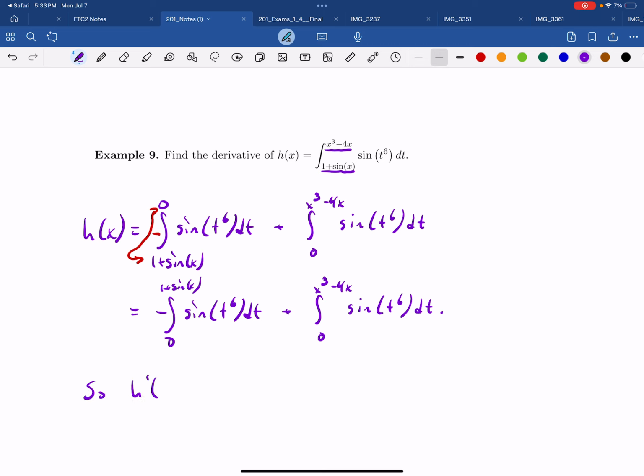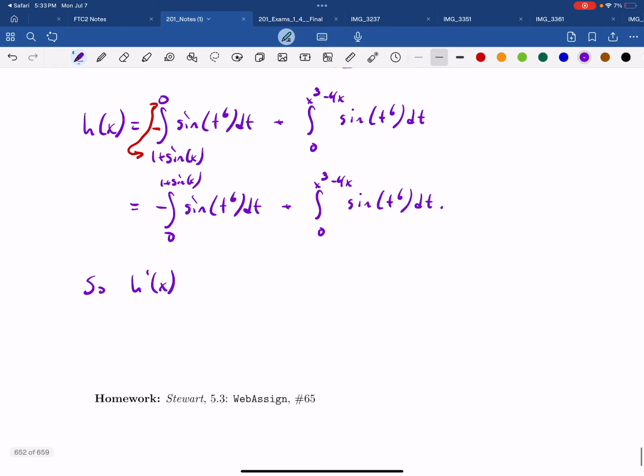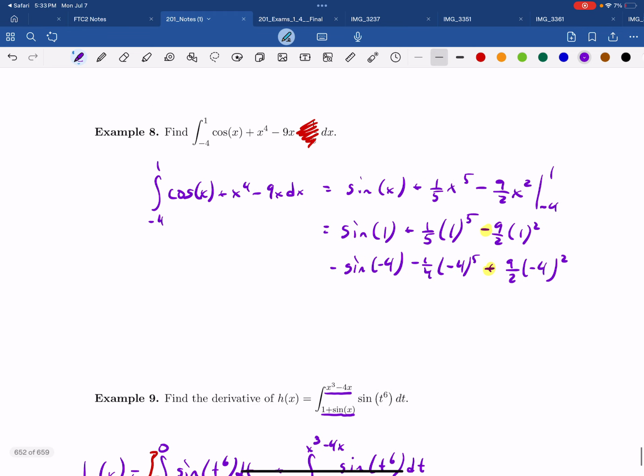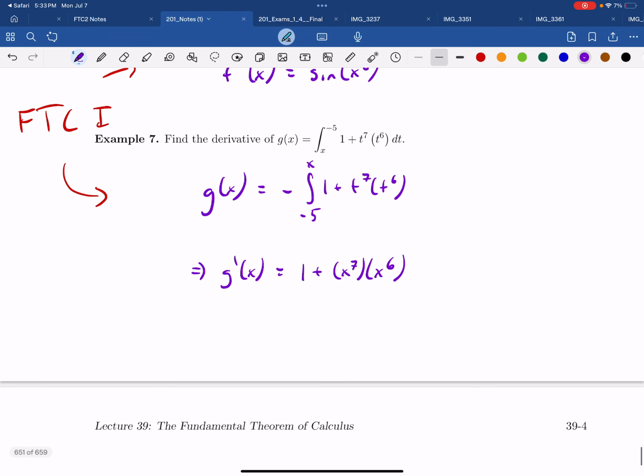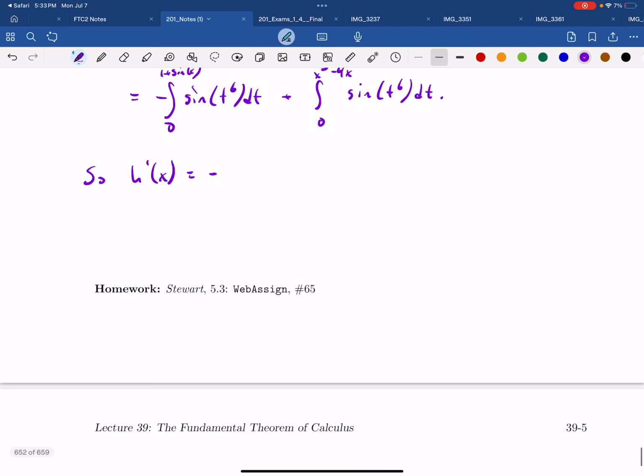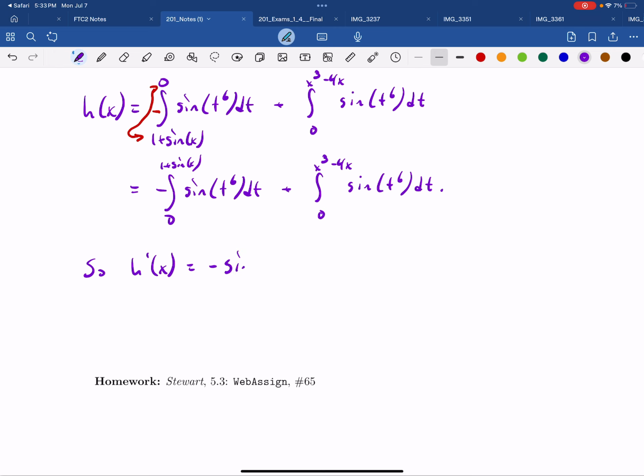So h prime of x is going to equal, I guess it's negative sine of, oops, I realized, sorry about that. I forgot to put a negative sign in front of that. Over here, didn't forget this time, negative sine of 1 plus sine of x to the 6th.